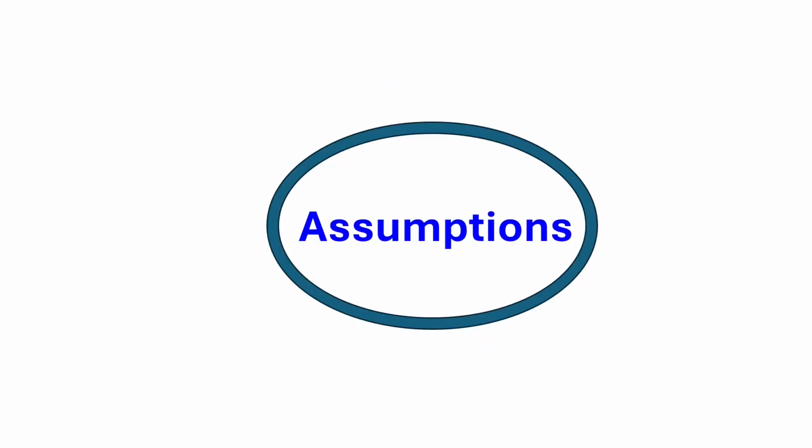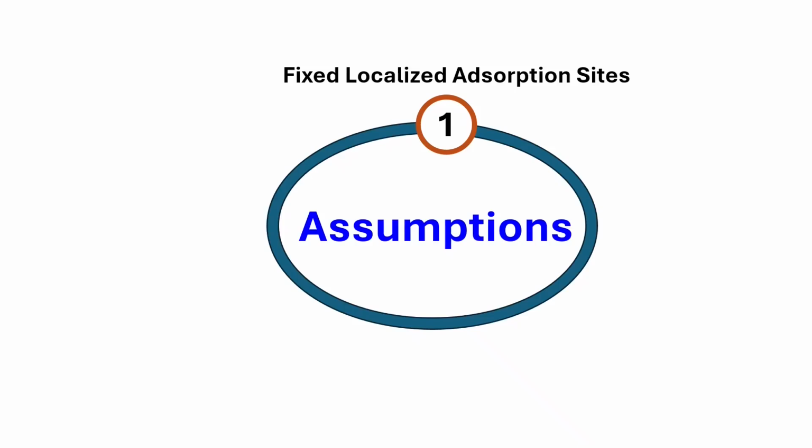The Langmuir model is based on 6 core assumptions. Fixed localized adsorption sites, that is, the surface of the solid contains a specific finite number of localized active sites where gas molecules can bind. Site capacity, that is, each active site can hold a maximum of only one molecule or atom.